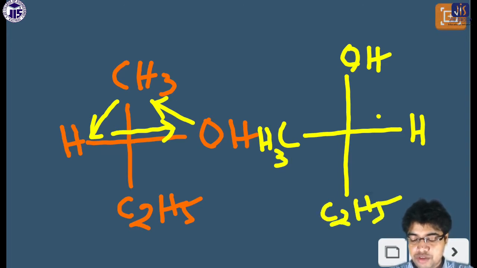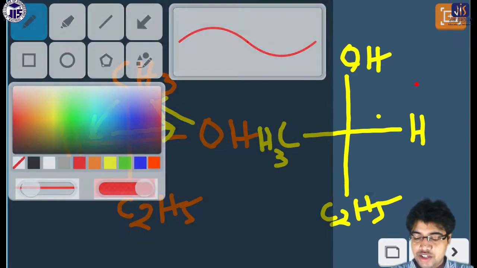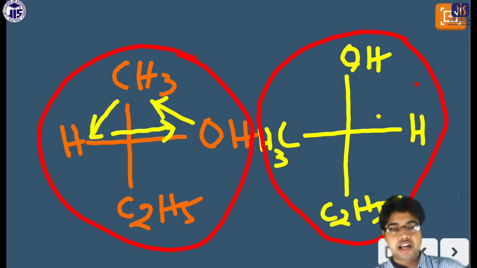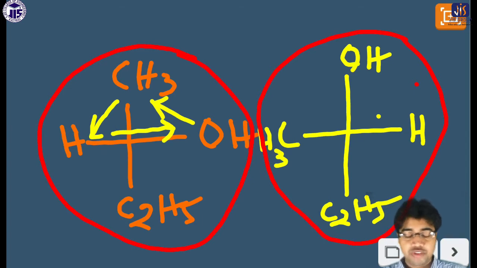So if in your question paper these two examples are available as a question, this is the example of one compound, and this is the example of the other compound, and it is asked what is the relation between these two. So what will be the answer?